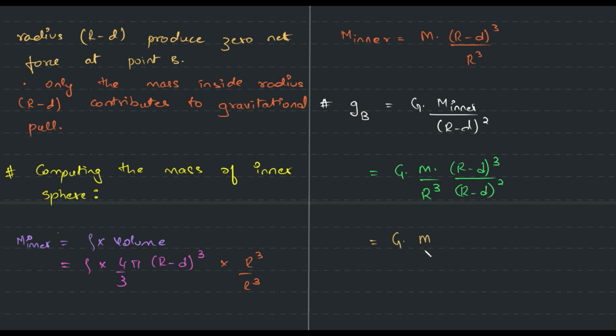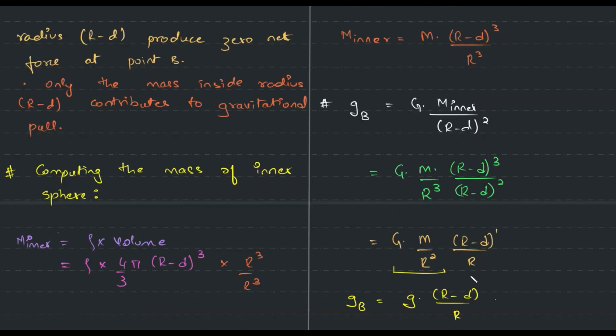So GM by r cube times r minus d to the power of 1. So this is your gb. Oh, sorry, this is squared. So we have divided by r as well. Okay, yes, a bit of math, but we have reached.